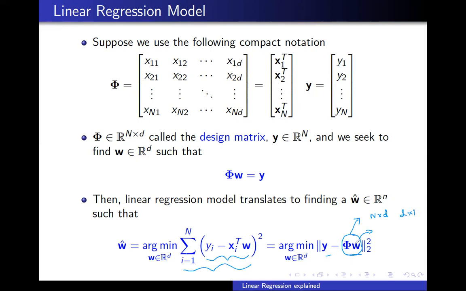So the resulting vector is going to have a size n cross 1, and each entry corresponds to your predicted value based on the linear coefficients W. Correspondingly, you also have y, which is also an n cross 1 vector, the true levels. So when you take this inner product, the square of the norm, you are taking the square of this quantity. This is exactly the same quantity as before, but represented in a nice compact way. Okay, so let's see this.